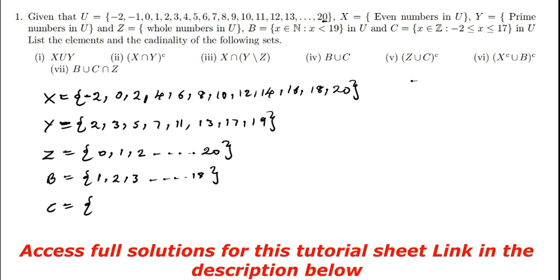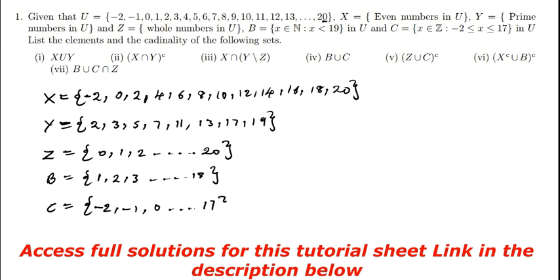In this case, the universal set starts from -2 up to 20, and set C is saying starting from -2 all the way up to 17. So every element is starting from -2, -1, 0, all the way up to 17, which is now included.